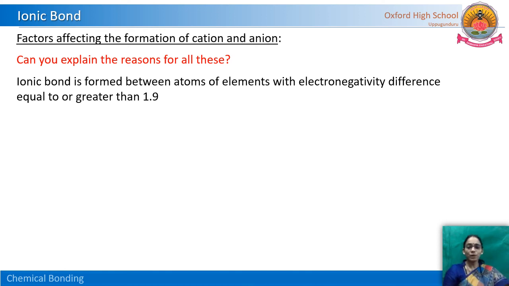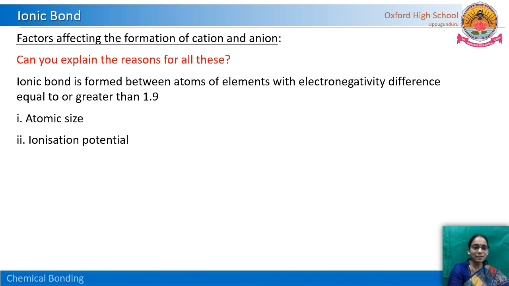If the electronegativity difference between these two atoms is greater than or equal to 1.9, then the ionic bond will form. What are the remaining factors? See here, atomic size, ionization potential and electron affinity, and the final one is electronegativity. Here electronegativity plays a major role.